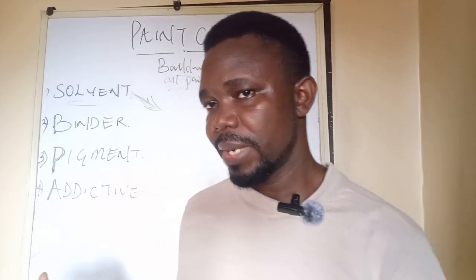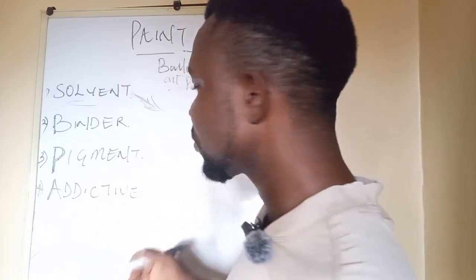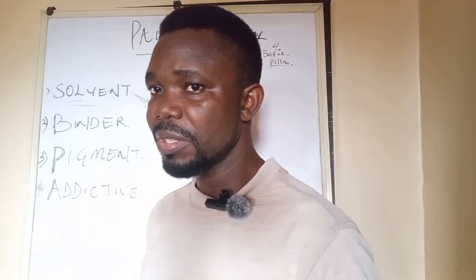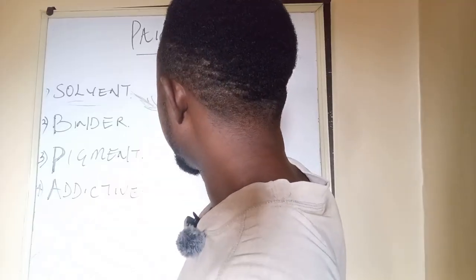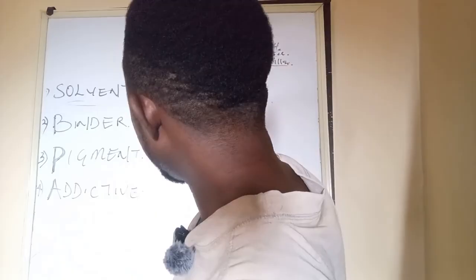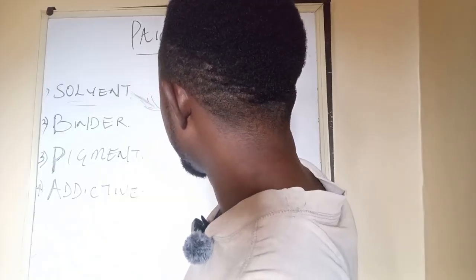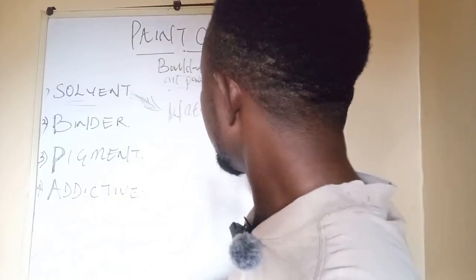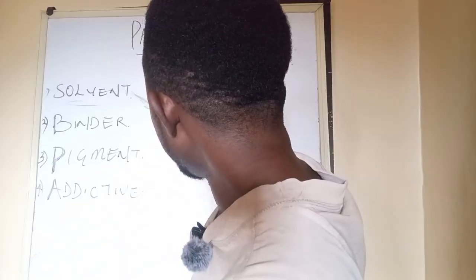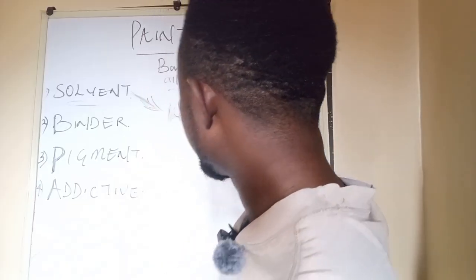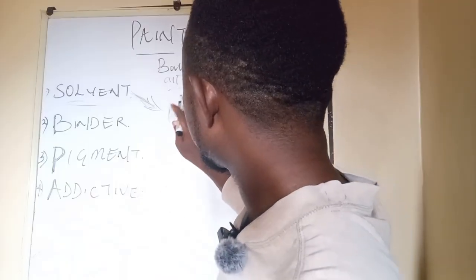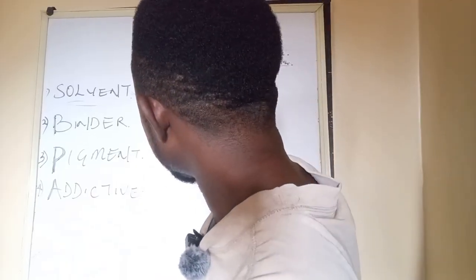One of the examples of solvent, especially for water-based paint, is water. Water is a vehicle that conveys every other chemical so that they can mix together. It's been a while since I used this marker, so it's giving me an issue.